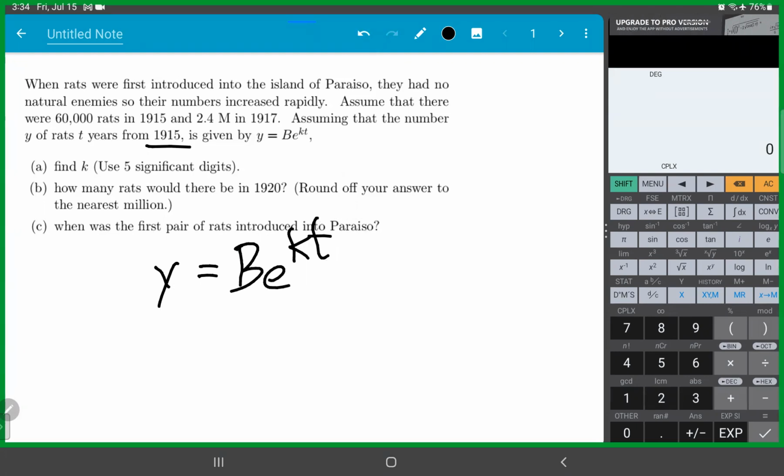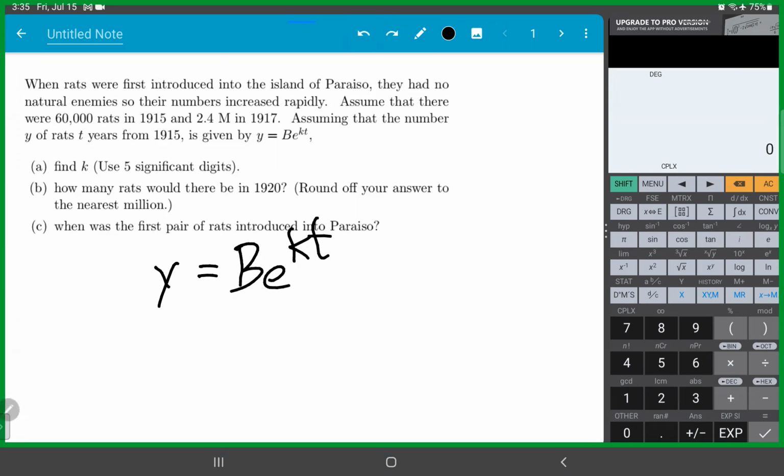Okay, so let's solve for the unknowns first, which are b and then k, which are the initial population, and we call k the constant of growth, or the growth constant. If of course it's decaying, like in substances, then it's the decay constant, or the constant of decay, right? So let's solve for those.